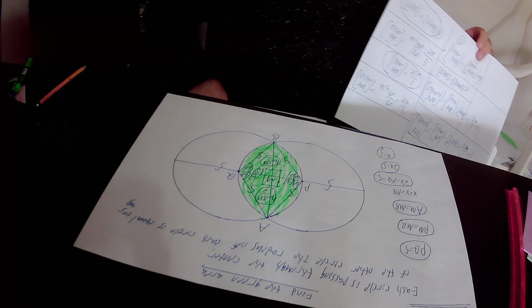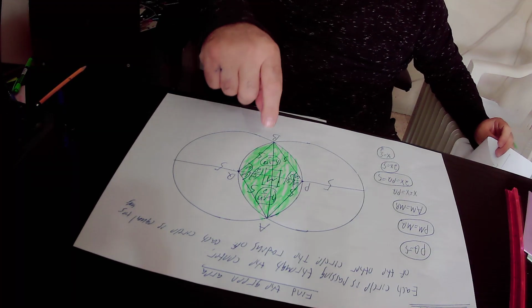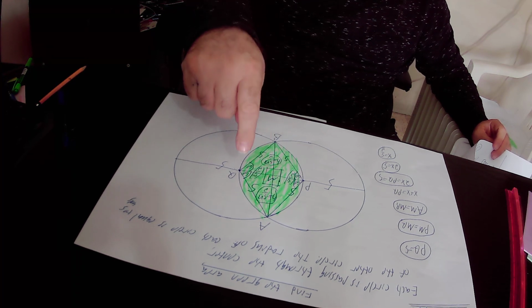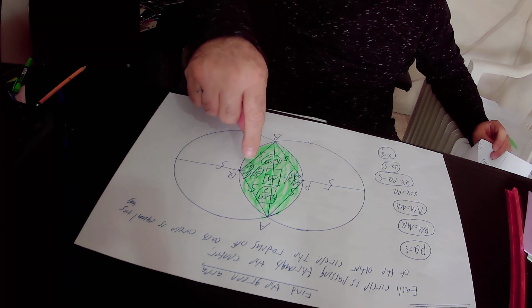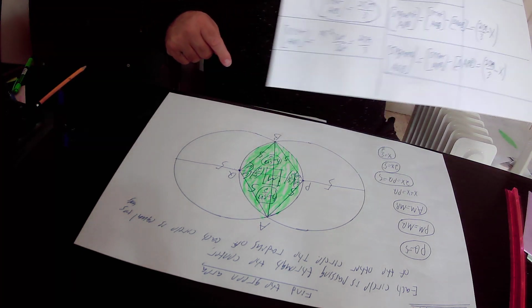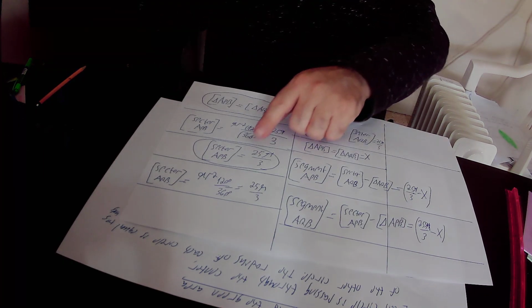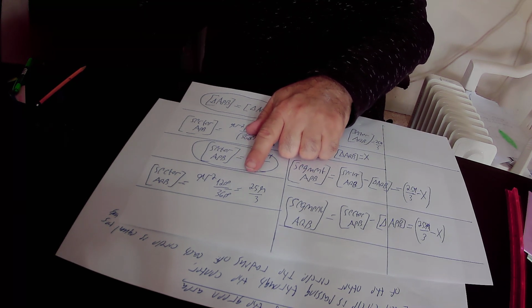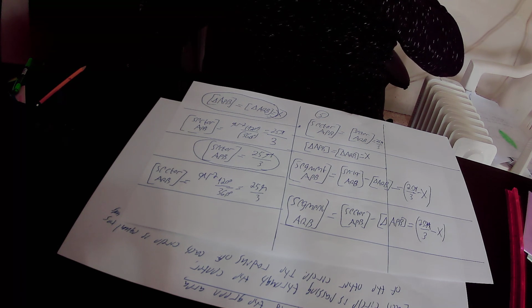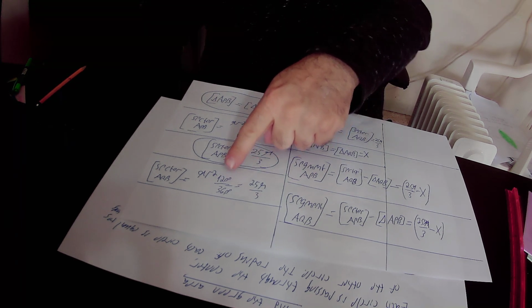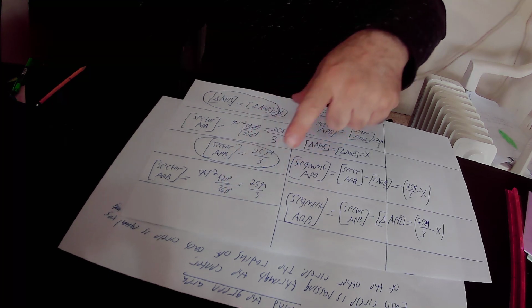Likewise, we find the area of sector AQB. The area of sector AQB equals pi r squared times 120 degrees over 360 degrees. So we have here the same expression as we got before. Those two expressions are equal.